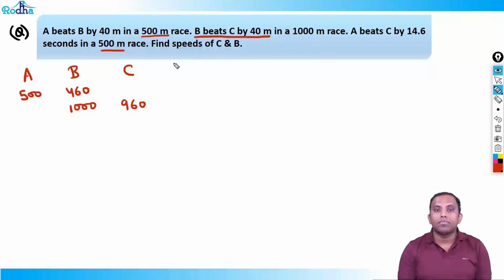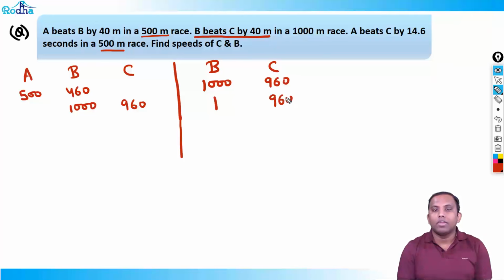That means when B covers 1000, C covers 960. So when B covers 1, C covers 960 by 1000.